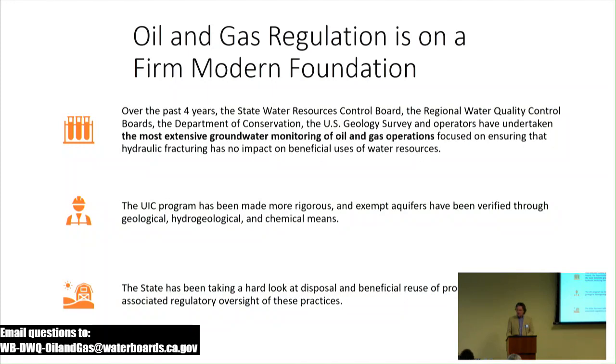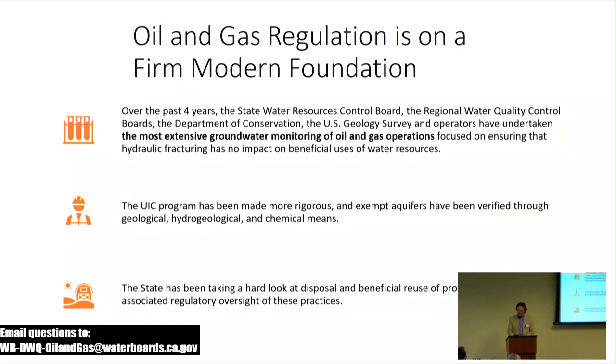The underground injection control program has also been revised and updated, and in particular, that included a complete reevaluation of the exemption of certain water-bearing zones into which produced water was injected. This is known as the aquifer exemption process, and I'll be talking about that a little later in my remarks.